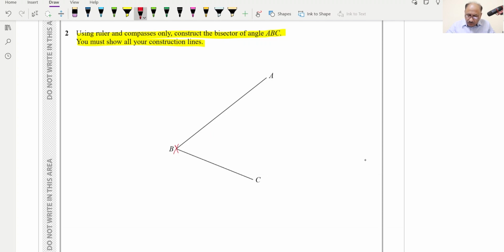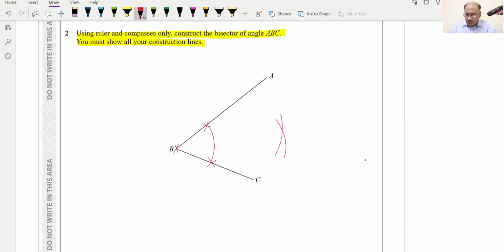Now place your compass over here and make another arc, then place your compass over here and make another arc, and then draw the angle bisector.